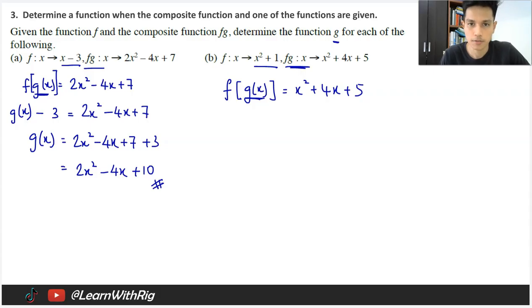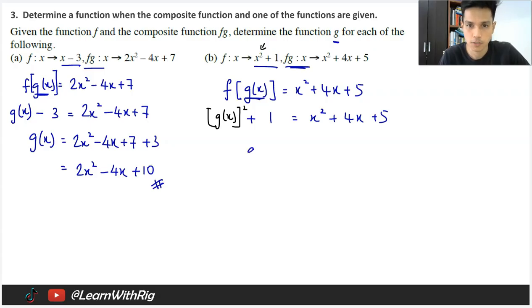So f(x) is x squared plus 1, equal to x squared plus 4x plus 5. But this time, you're not going to substitute x, you're substituting g(x). So it's going to be g(x) squared, right? Because the f(x) here, there is a square here. So g(x) squared plus 1 is equal to x squared plus 4x plus 5.